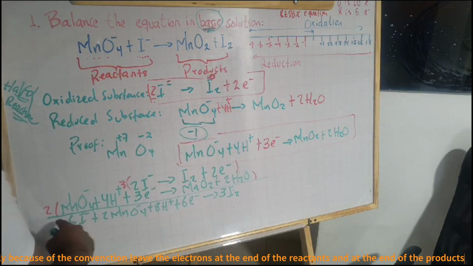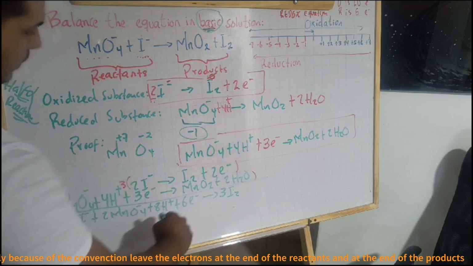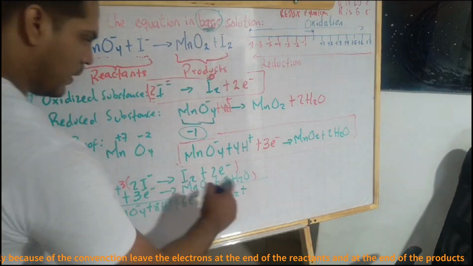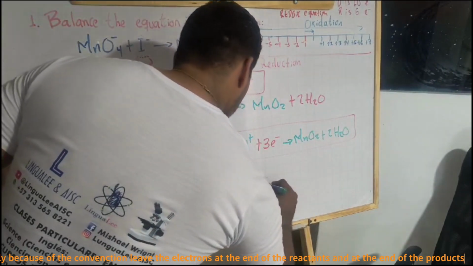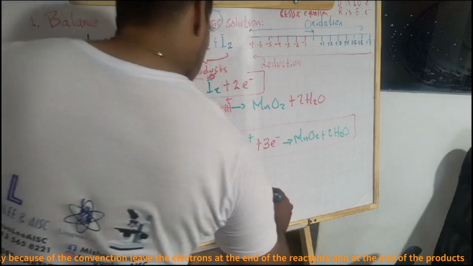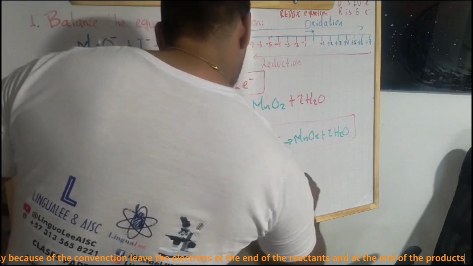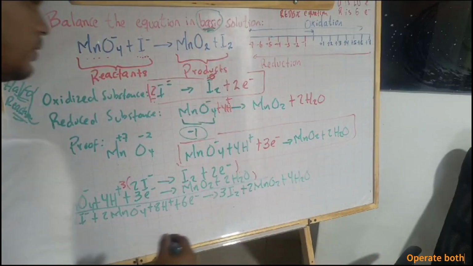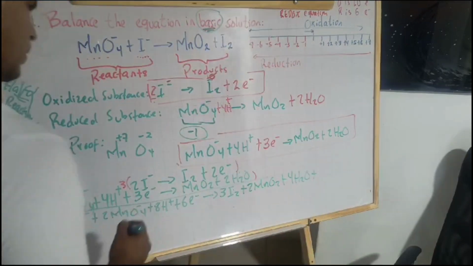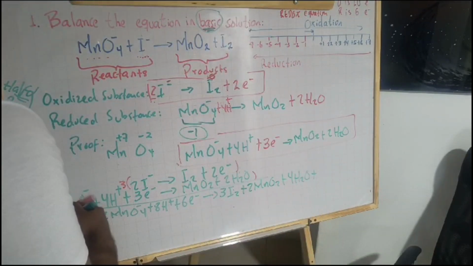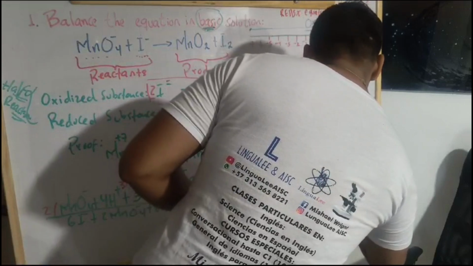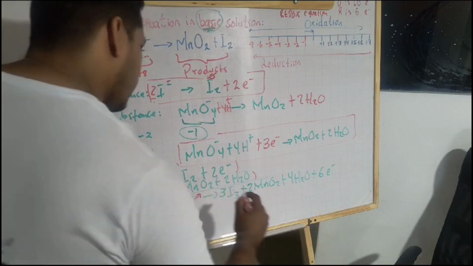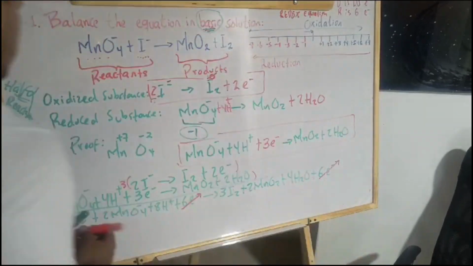So I continue with the second product: 2 manganese dioxide, and then 4 water molecules, and then 6 electrons. Here I can cancel out these electrons with these other ones.